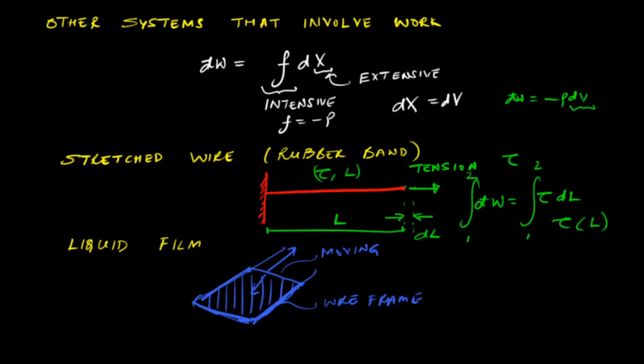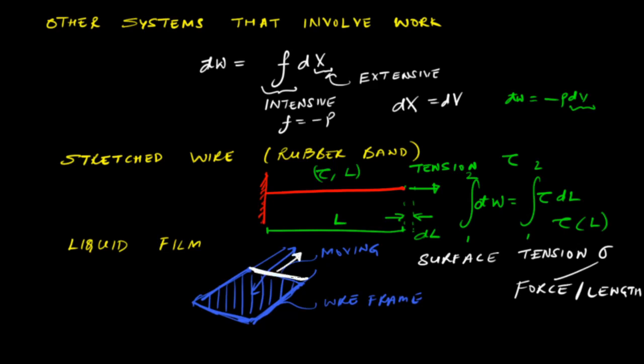Now this liquid film has surface tension, which we'll denote by sigma. And note that the units of sigma are force per unit length. Now let's say that we move this boundary so that the area of the film increases.